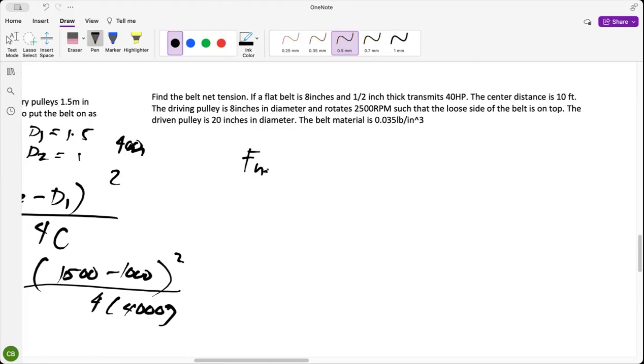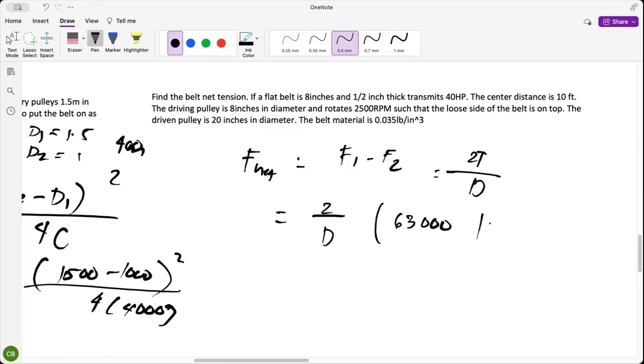F net equals to F1 minus F2 equals to 2T over D, or it would be 2 over D, 63,000 HP over N. So we have 2 over 8.